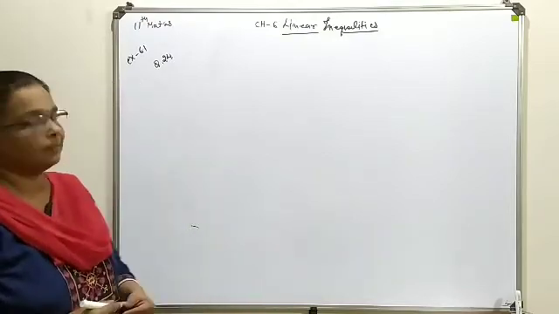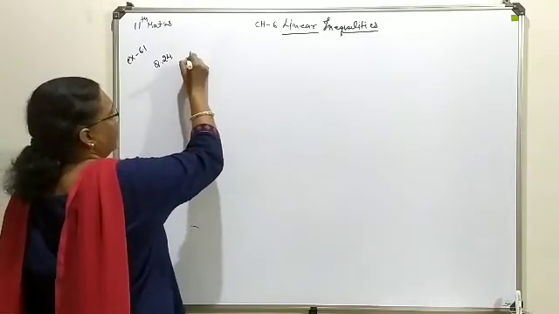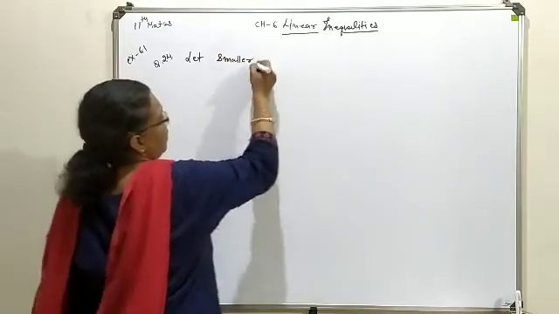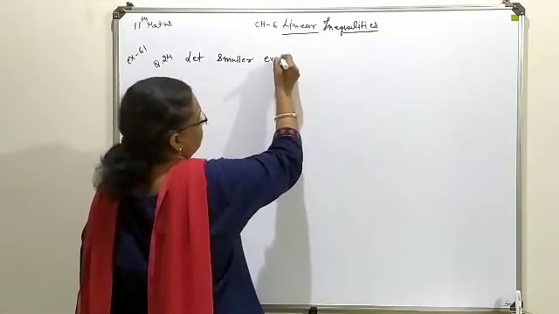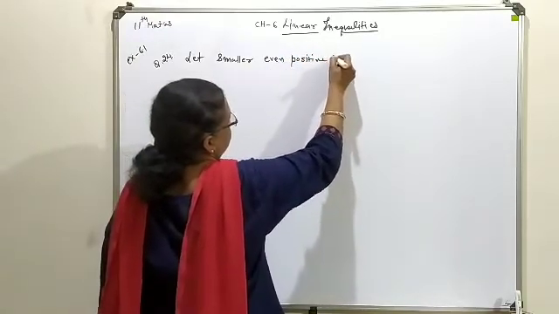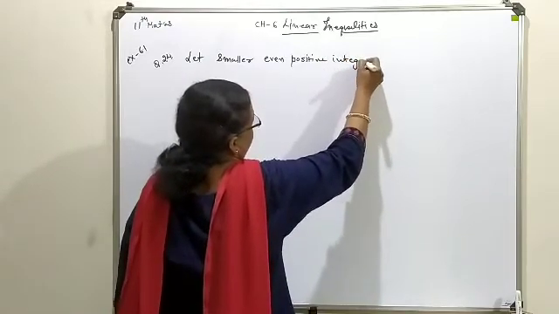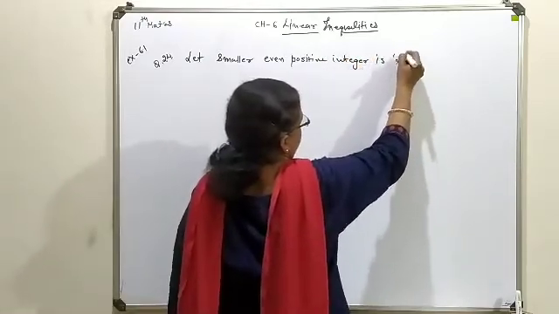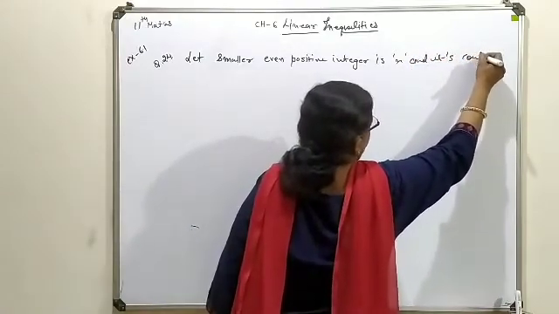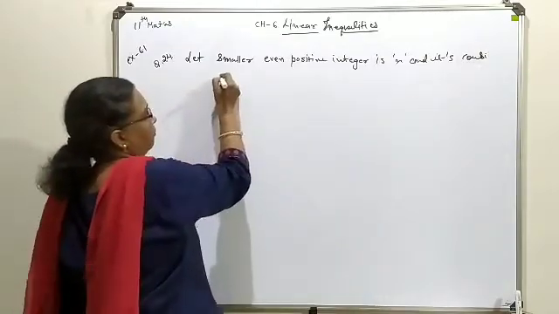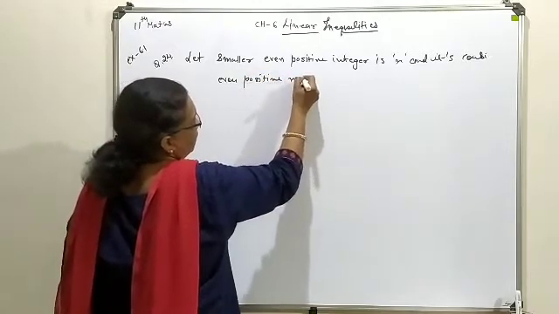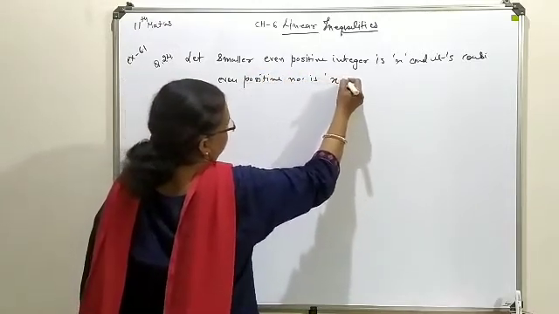So let's start with the assumption: let the smaller even positive integer be x and its consecutive even positive number be x plus 2.